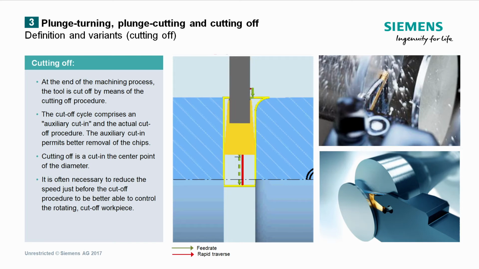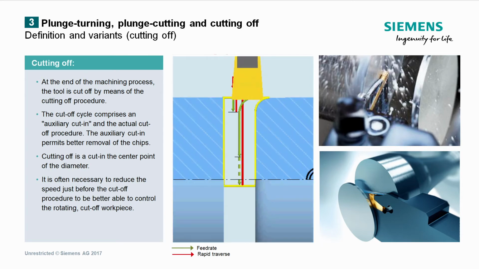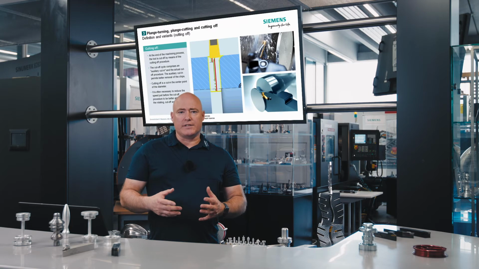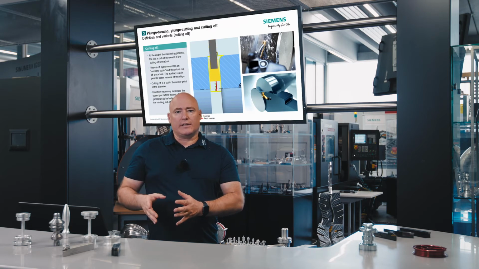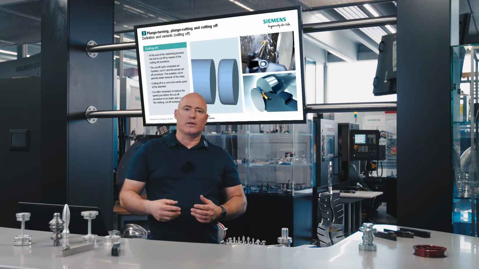Longer and thinner grooving tools are used to minimize the cutting pressure and keep material loss low. To afford better control of the rotating separated workpiece in this functionality, Cinemeric Operate provides the option of reducing the speed shortly before the actual parting process.